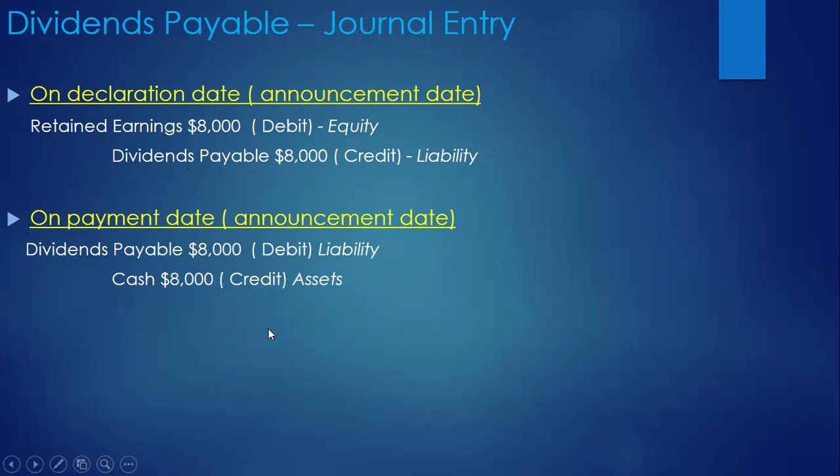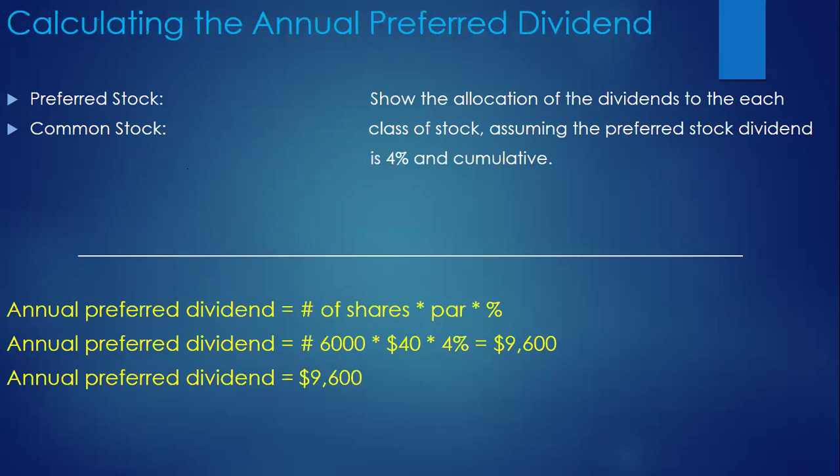Now we're going to continue talking about the cumulative stocks. So now let's take an example, the same or a similar one that we had before. This is how you're going to calculate the annual preferred dividend. Why do we care about the preferred one? Because they got the privilege.